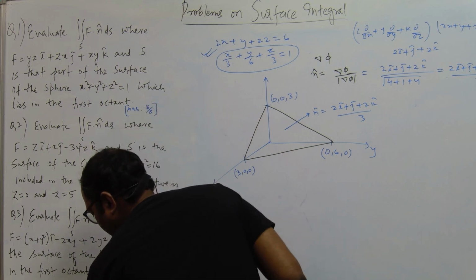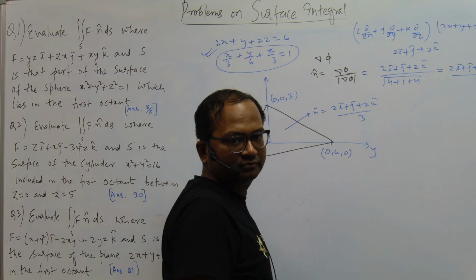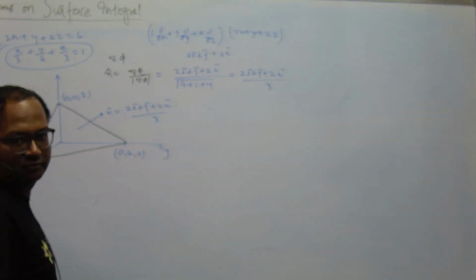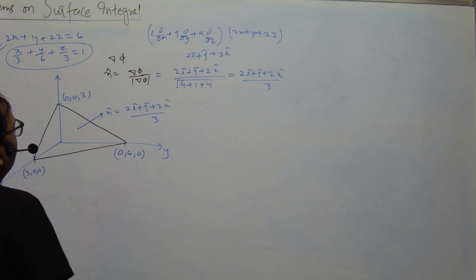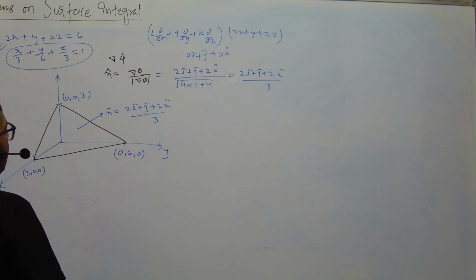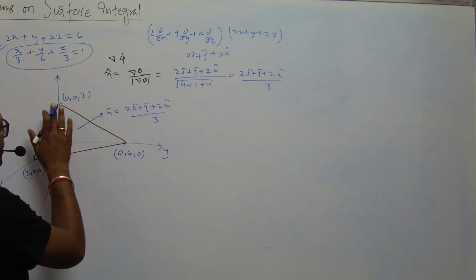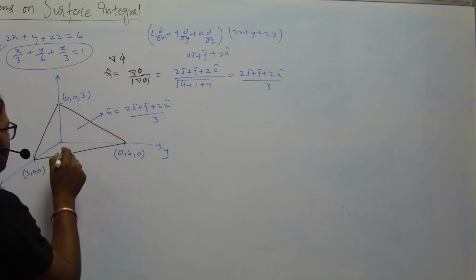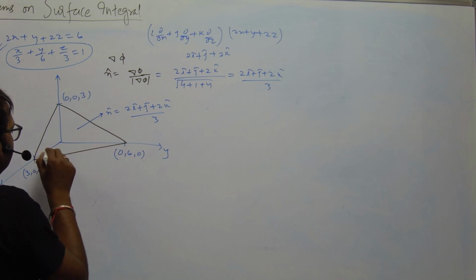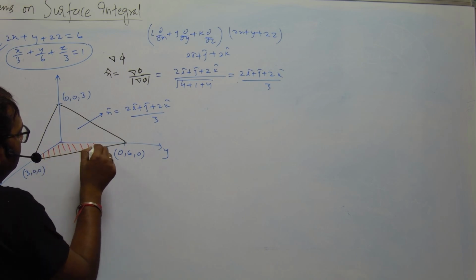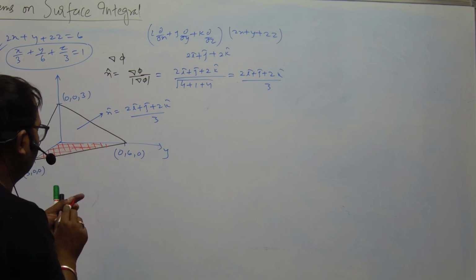Now let us find the value of dS. For finding the value of dS, we have to take the projection of this surface. This is a planar surface. Take the projection of this surface on the xy plane. So our region R will be on the xy plane.